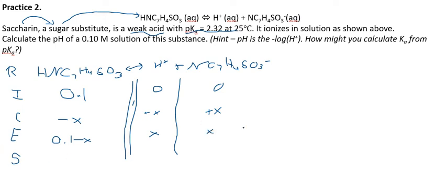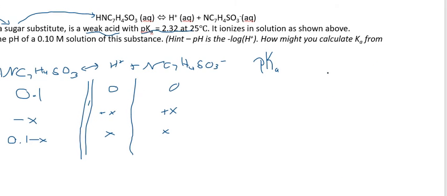Now, I typically relate these terms using the acid dissociation constant or the base dissociation constant, but I don't have that. Instead, I have this thing called pKa, which is something we've never seen before. But let's think it through. So pH is equal to the negative log of H plus.